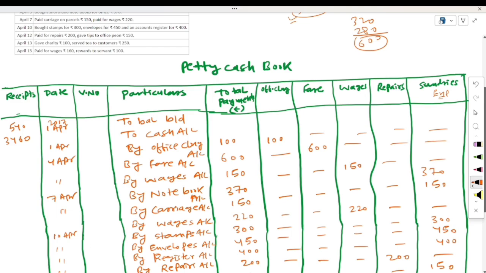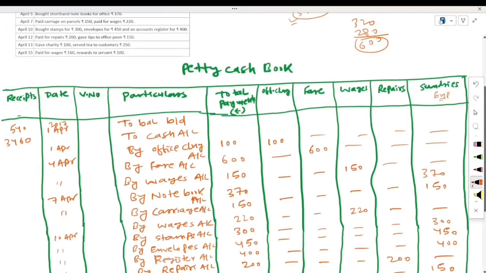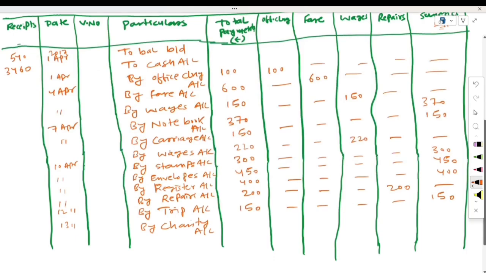Next, on 13th April, gave charity, how much? 100. Served tea to customer 250. On 13th April, by charity, how much was charity? 100.